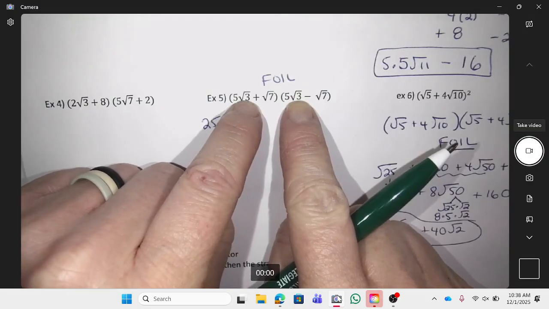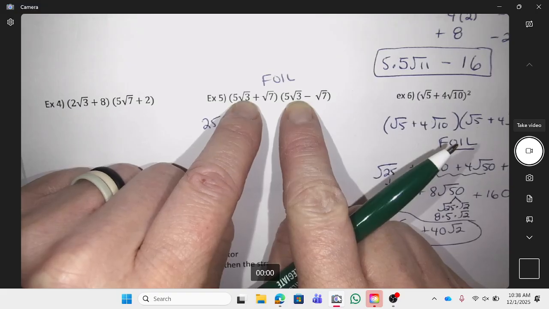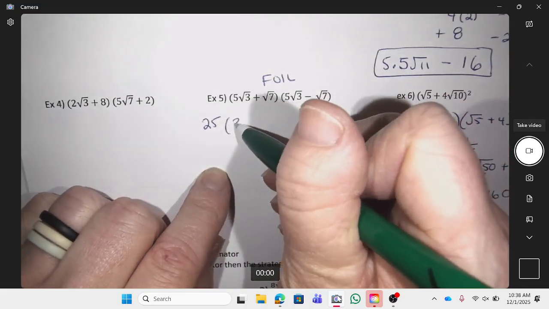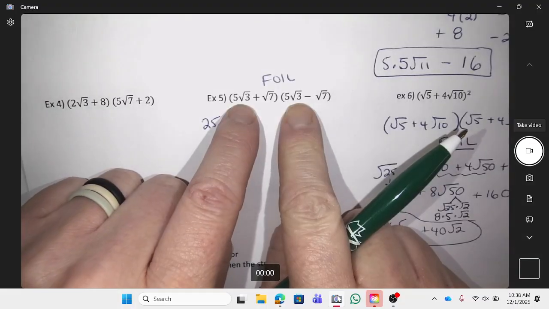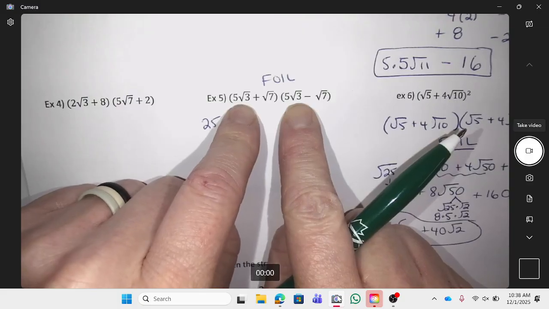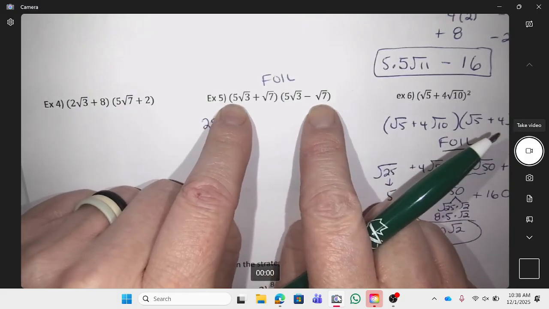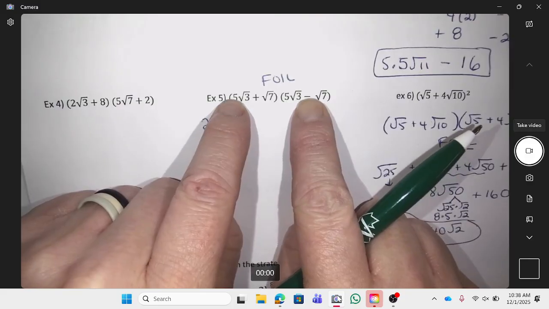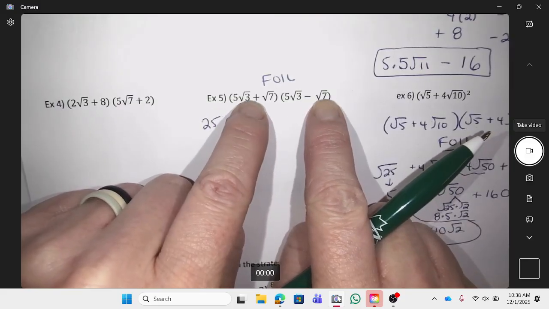Do you want me to write it, root 9? Or can we just already change that into just a 3 without the root now? Does that make sense to you? Root 9 turns into whole number 3. Outside, minus 5 root 21.